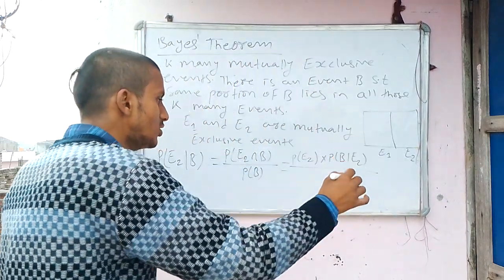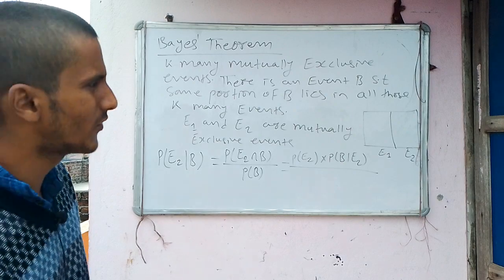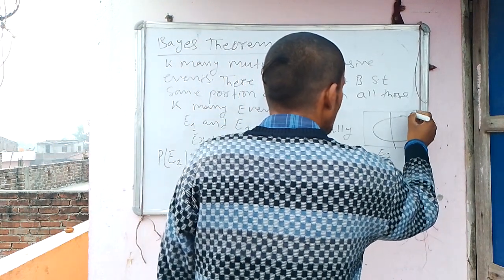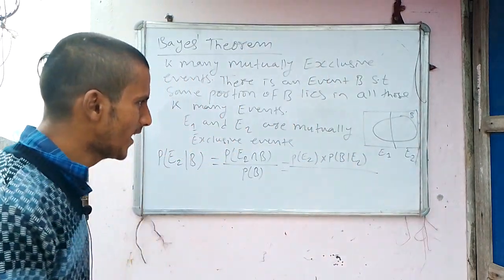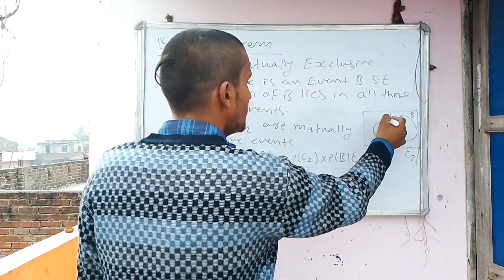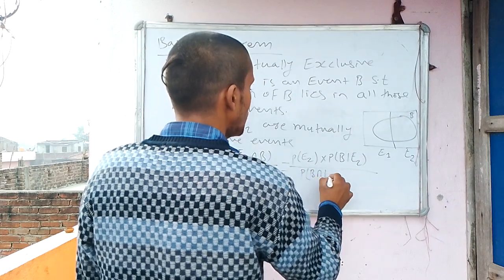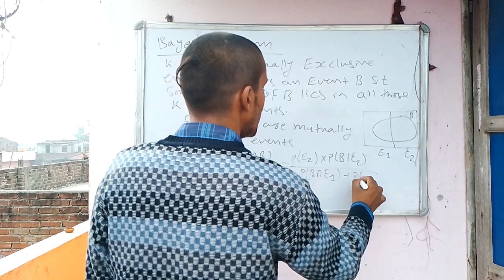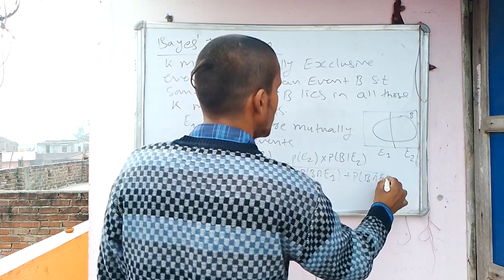So E1 and E2 are two mutually exclusive events, and B is lying in both E1 and E2. Then what will be probability of B? Probability of B will be probability of B intersection E1 plus probability of B intersection E2.